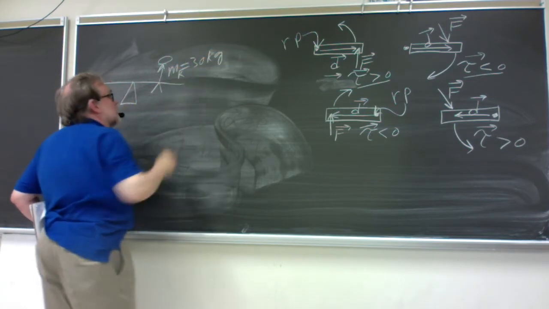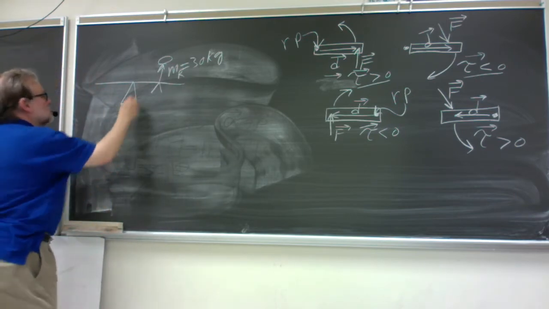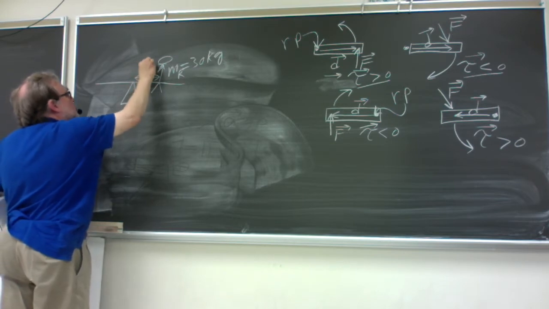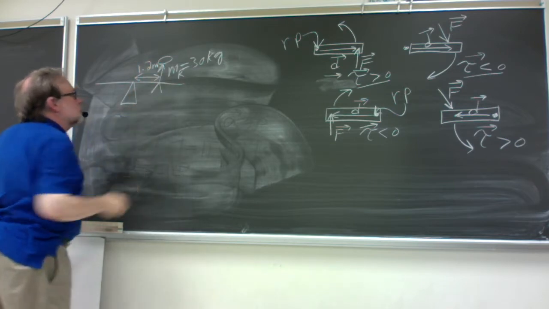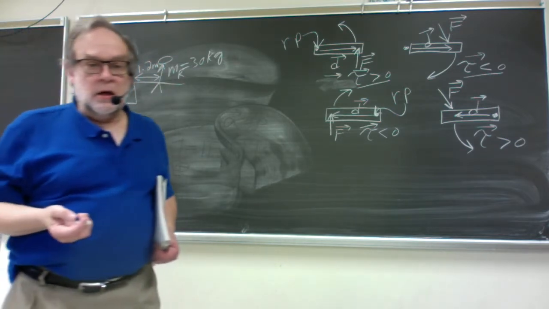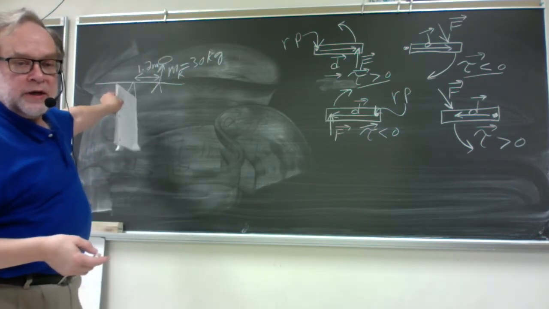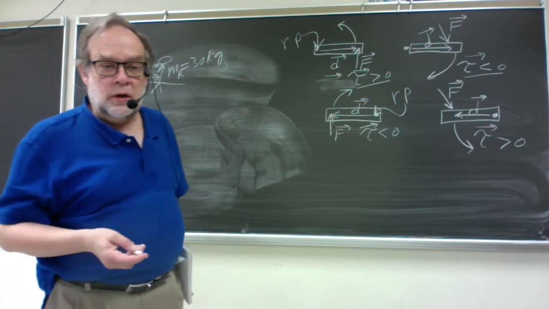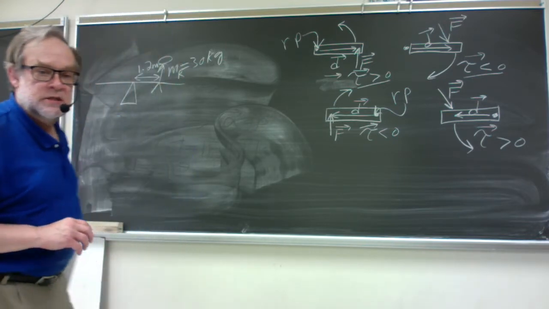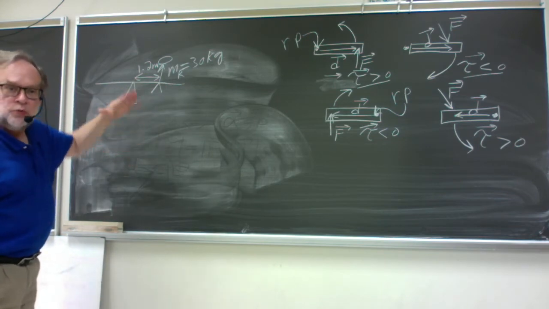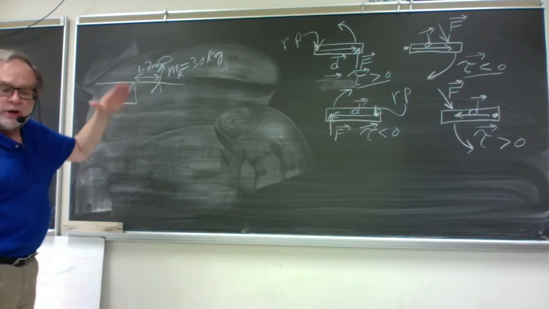Mass of the kid on the right is 30 kilograms. And we'll say that that kid is 1.2 meters away from the pivot point, away from the fulcrum right here at the middle where the seesaw balances. And that's the point that the seesaw will rotate about when it's seeing and sawing.